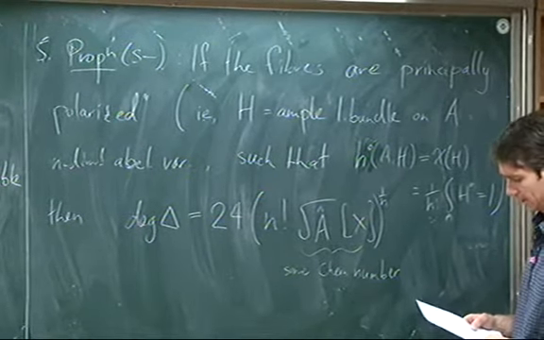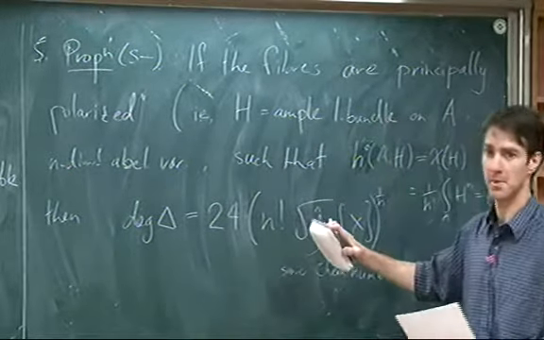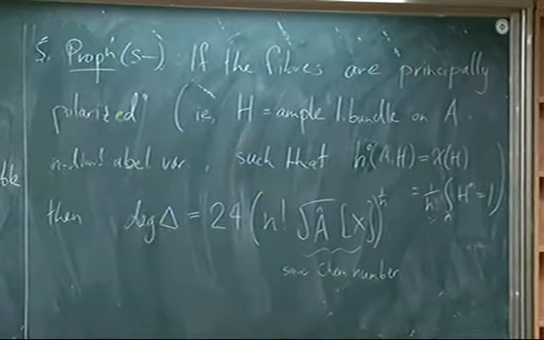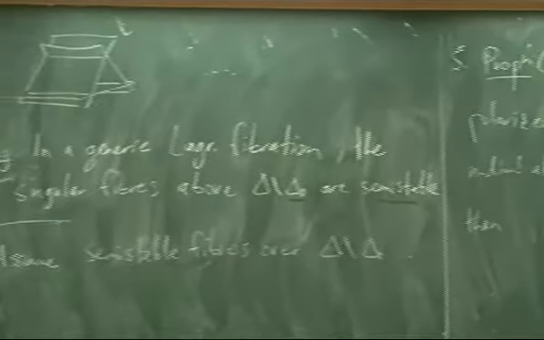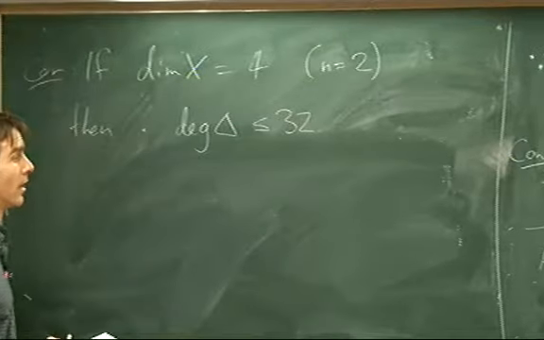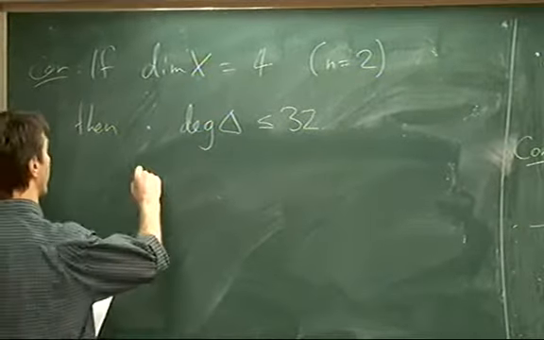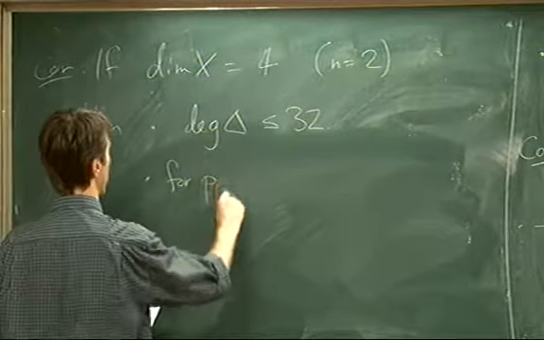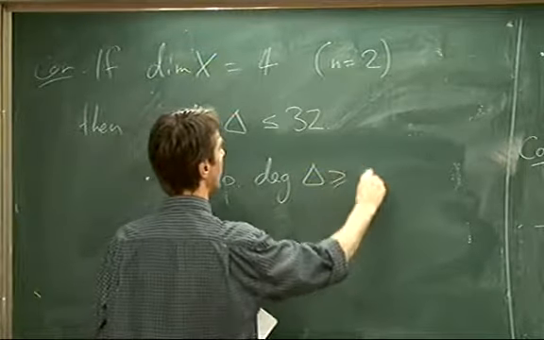And then we can also write down a similar formula in non-principally polarized cases involving the polarization of the fibers of the discriminant locus. Also, for principal polarizations, the degree is at least 30.